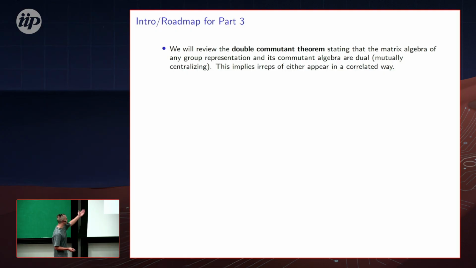And we landed at this result of the double commutant theorem that says whenever I look at the matrix algebra of my group, there's always another matrix algebra called the commutant, that is stuff that commutes with this guy. And there's a duality in the sense that the things that commute with the commutant are the matrix things themselves.